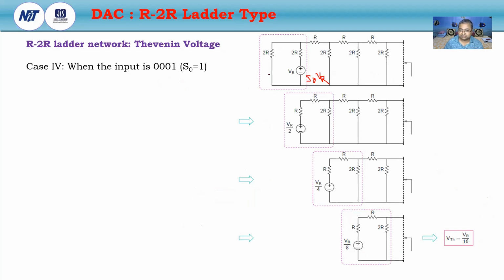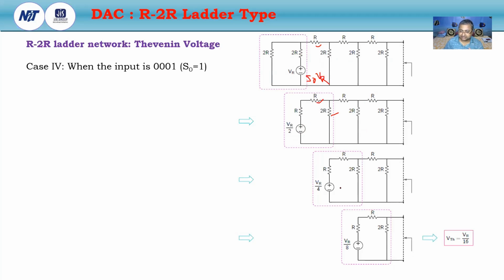So first, for this circuit, the Thevenin voltage is VR by 2. Thevenin resistance is R connected with this. This is the R. This is the twice R. This is the twice R, and the rest of the circuit is as it is.